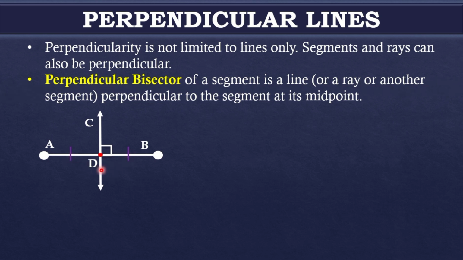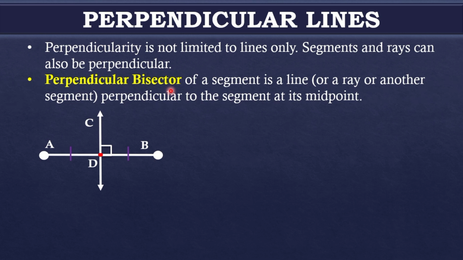Into two equal segments. So, aside from perpendicular siya, hinahati niya pa yung segment mo into two congruent segments. Yun po ang nagagawa ng perpendicular bisector. Kaya siya tinawag na bisector. Ibig sabihin, hinahati niya into two congruent segments.